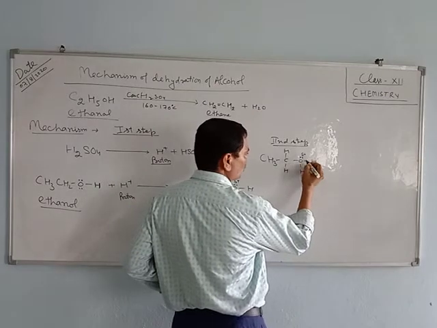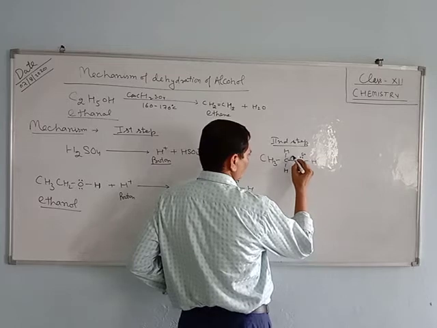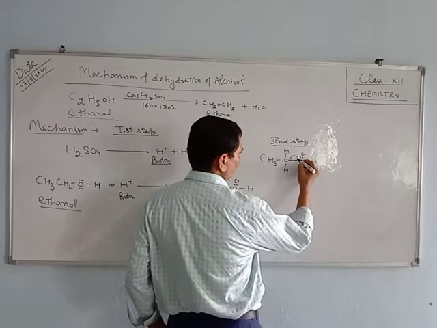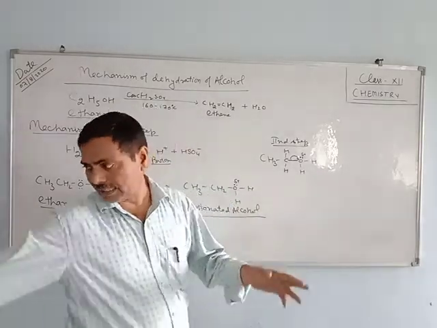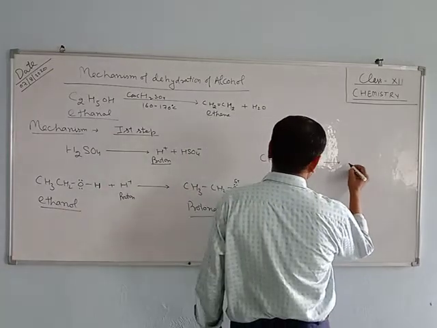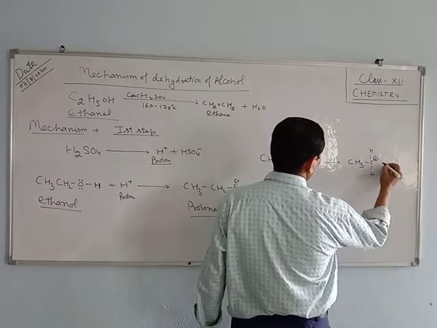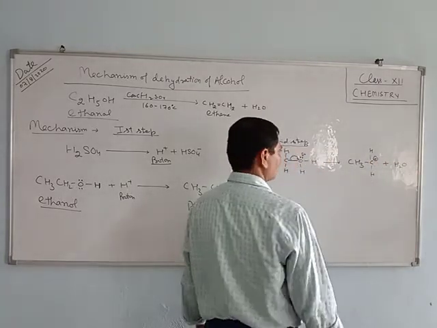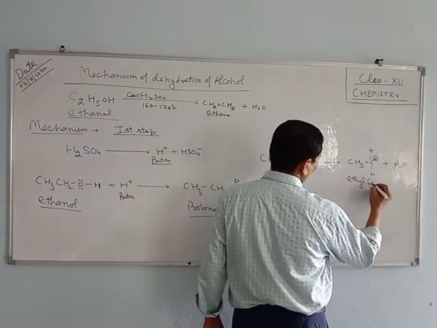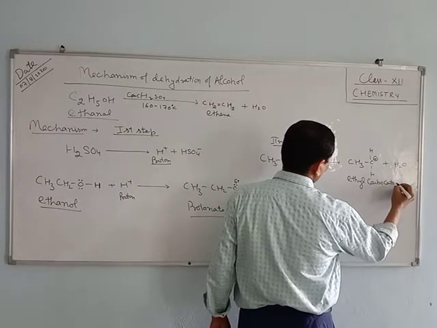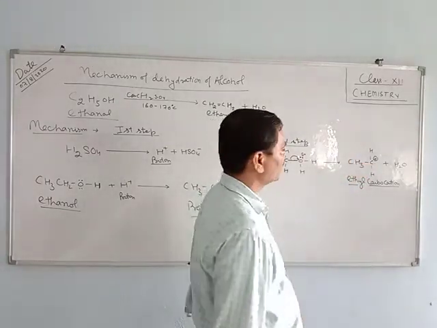The electron pair will be attracted by the oxygen atom to form a water molecule. In this way, the water molecule is eliminated, giving CH3CH2 plus and an H2O molecule. This is ethyl carbocation, or you can say ethyl carbonium, C2H5 plus.